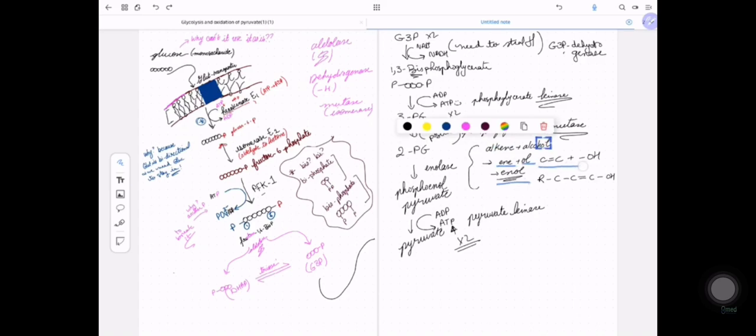So an alkene plus an alcohol is an enol right here. Okay? This is just an example. This is an alkyl group, of course, and this is the enol right here. So what happens is that an enolase converts this 2-phosphoglycerate into a phosphoenol pyruvate, right?